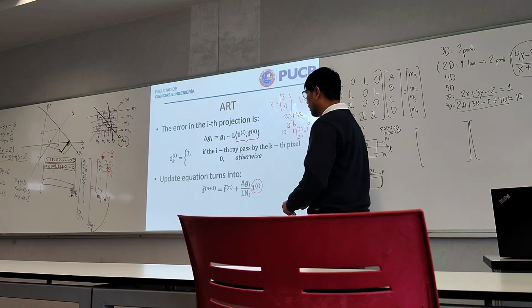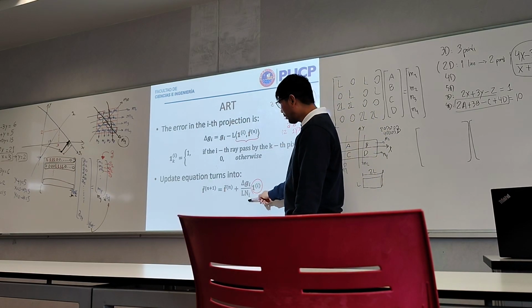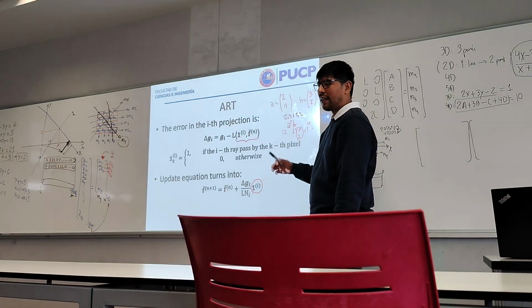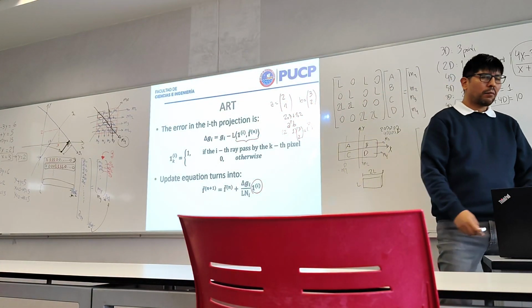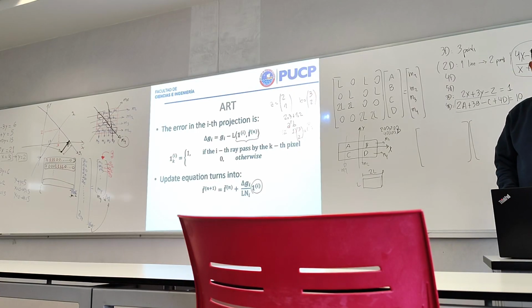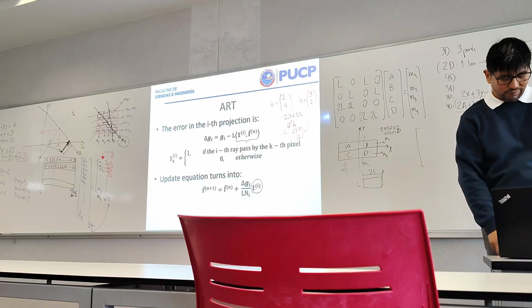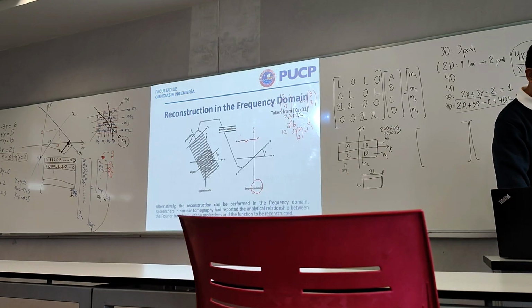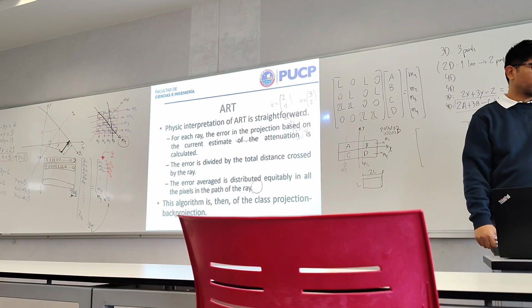In this 1, 0 vector, for every ray we will have a number of ones. The number of ones is basically Ni, the number of ones in that individual vector. We'll do one example in a moment.